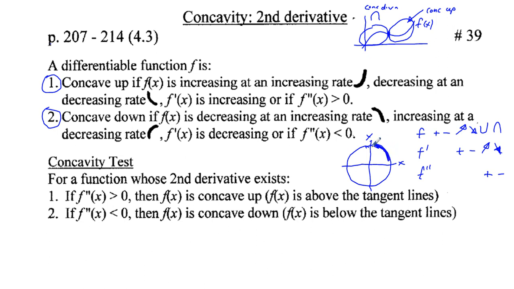So this upper quadrant, quadrant 1 of this circle, is going to be your f prime of x is negative, and your concave down also. Okay, so that's going to be this quadrant.